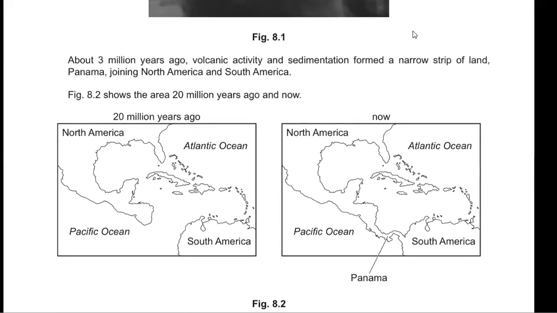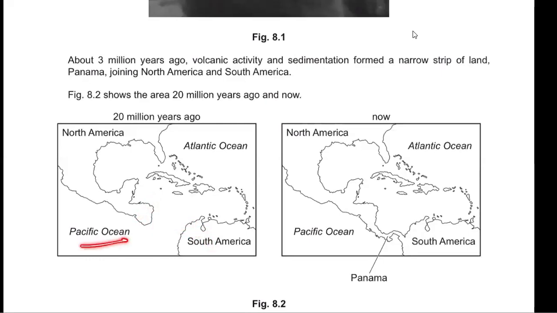About 3 million years ago, you can see volcanic activity and sedimentation formed a narrow strip of land with Panama, joining North and South America. So you can see there's North America, there's South America. 20 million years ago, whereas this is the condition now. So now you can see there's a land, Panama, which is connecting the two continents together, whereas previously this gap was there.